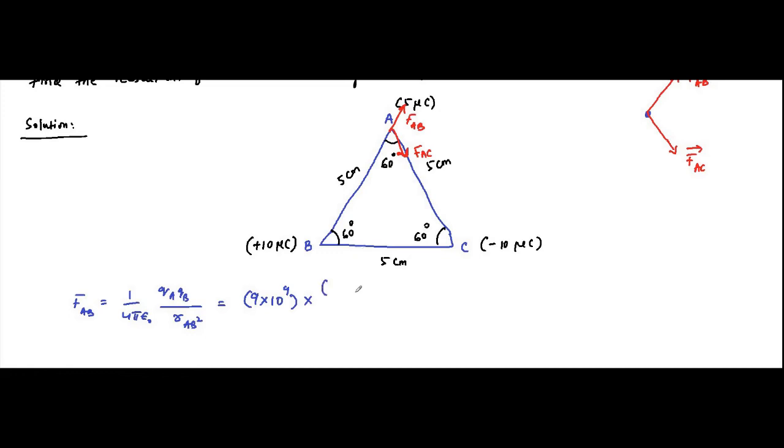Then QA is 5 microcoulomb, 5 into 10 to the power minus 6, and QB is 10 microcoulomb, 10 into 10 to the power minus 6. RAB is 5 centimeter. If we convert it into meters, it is 0.05 meter whole square. Okay, so this is the thing. Let us calculate it.